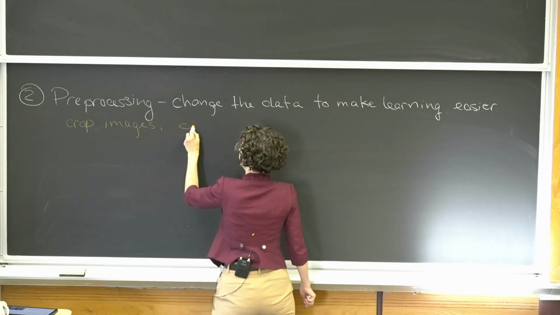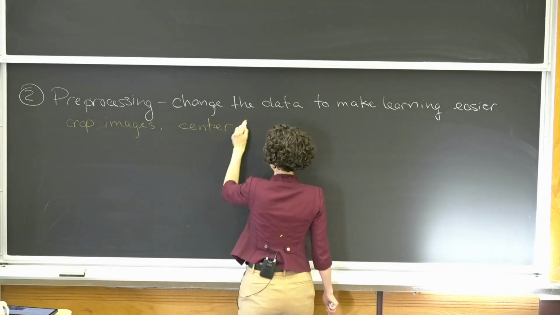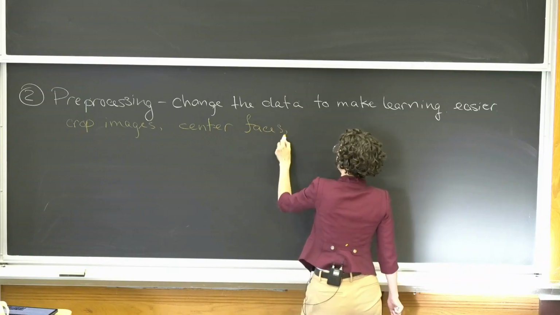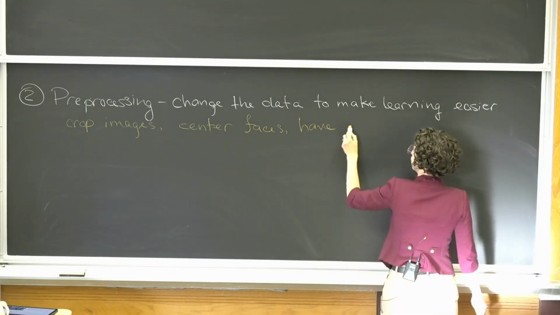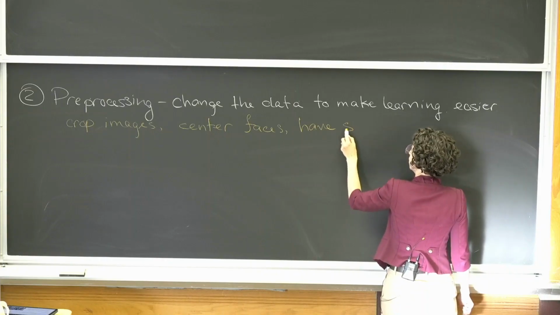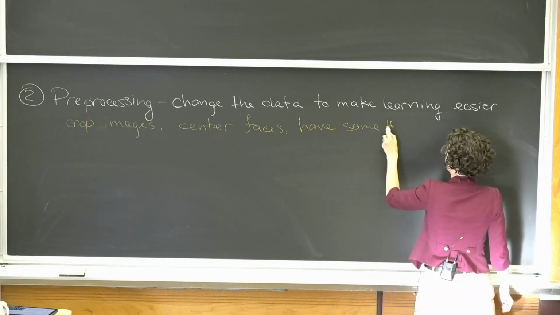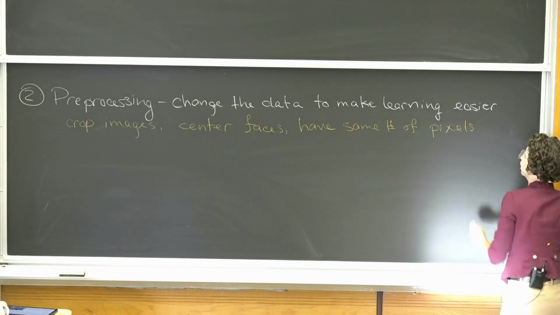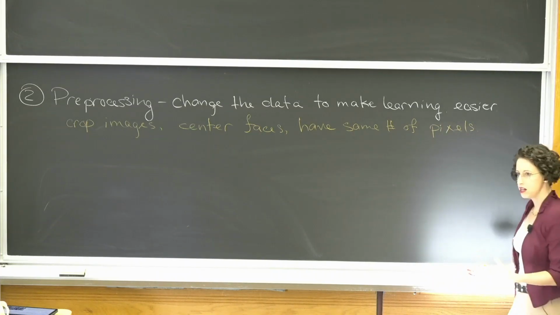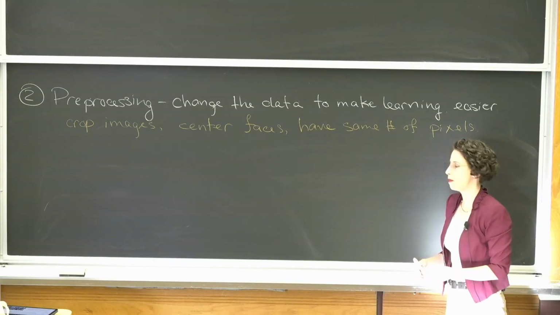We might want to center the faces. We might want to make sure that each image has the same number of pixels. Perhaps there's some graininess to the images and we want to clean them up a bit.